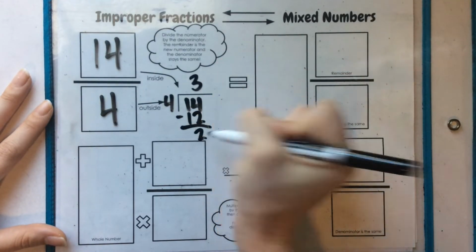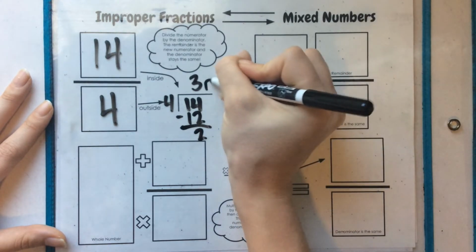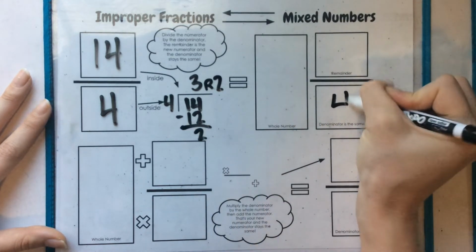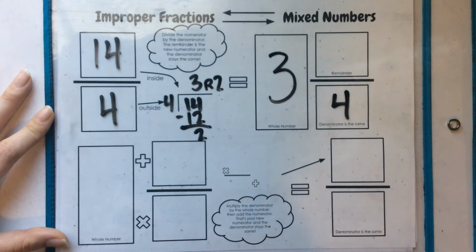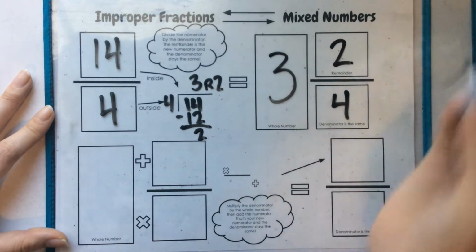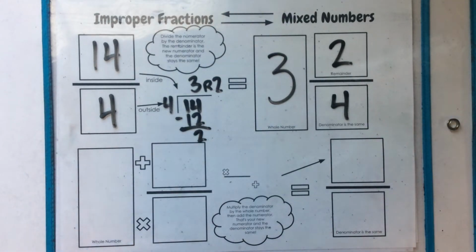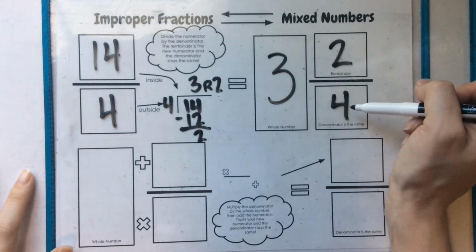Subtract and we have 2. So 3, remainder 2. My denominator is the same. The whole number 3 goes right here. And my remainder 2 goes up here in the numerator. But 2 fourths, now I know that 2 is half of 4.